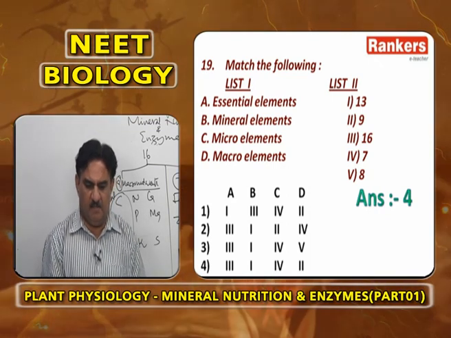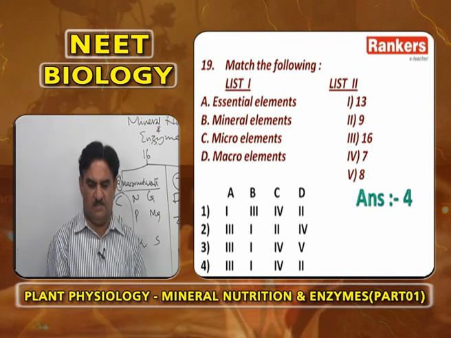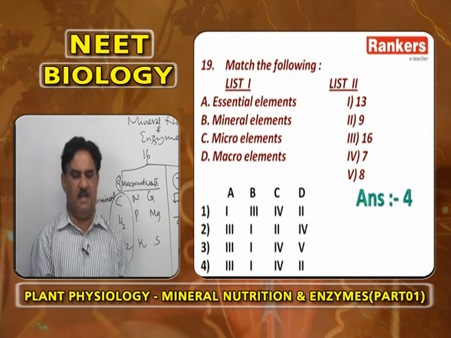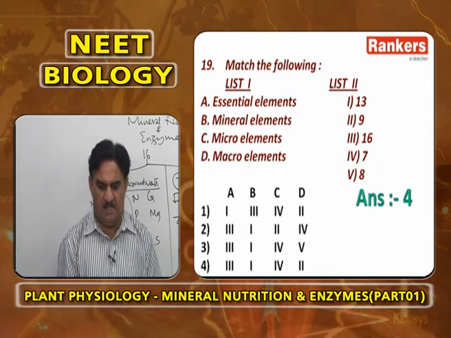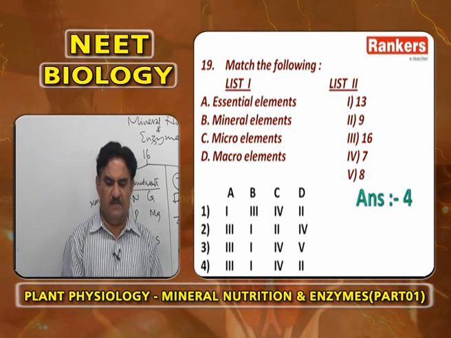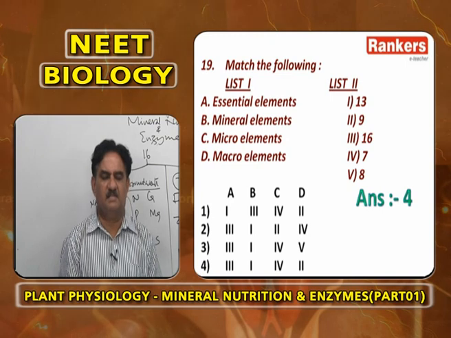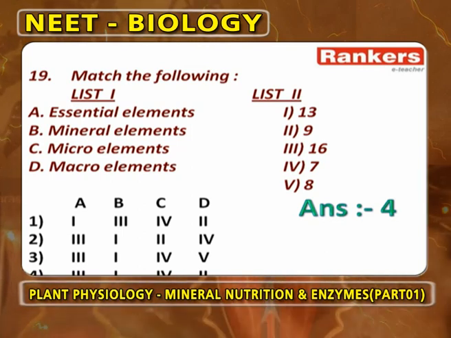C4, micronutrients 7, and macro elements 9. So, essential elements are 16, mineral elements are 13, micro elements are 7, macro elements are 9. So, the answer for this question is A3, B1, C4, D2. So, answer is 4.